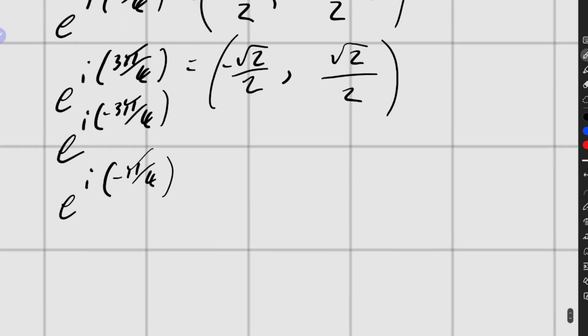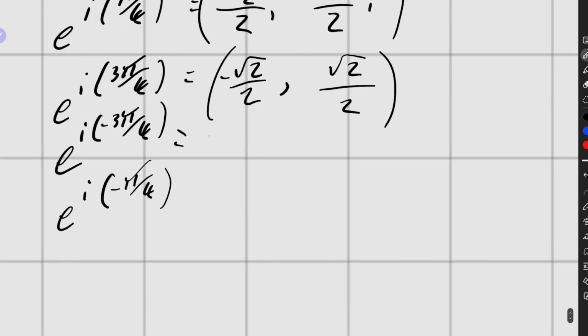Alright, almost done, guys. So minus 3π on 4. What's our x component going to be on that? Just rinse and repeat, but you've picked up your patterns already. Same but negative, so negative root 2 on 2 for your real component, and your imaginary component is also minus root 2 on 2. Alright, let's do our last solution.